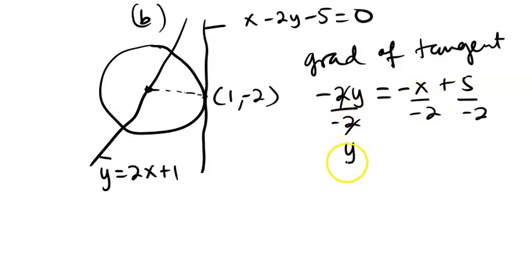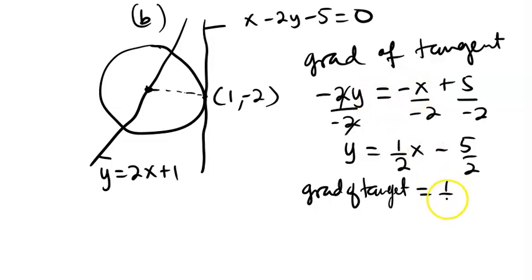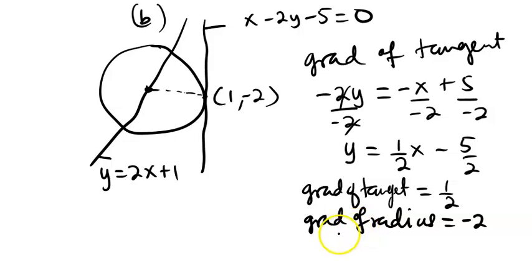So we have y = 1/2 x - 5/2. So the gradient of the tangent is 1/2. Now, knowing the gradient of the tangent, we can find the gradient of the radius. The gradient of the radius is perpendicular to the gradient of the tangent, so the gradient of the radius is -2, because the product must give us -1.